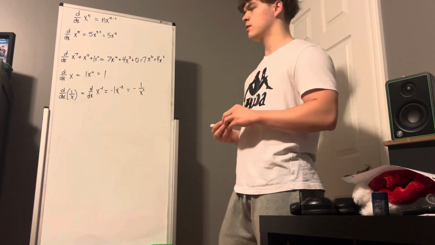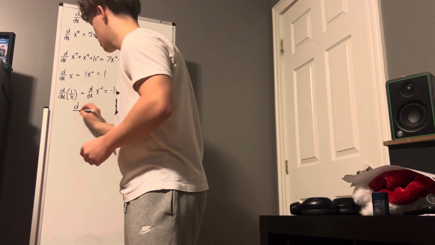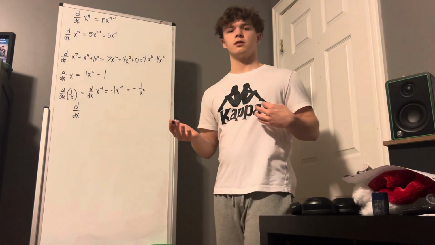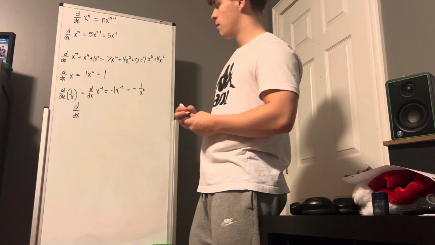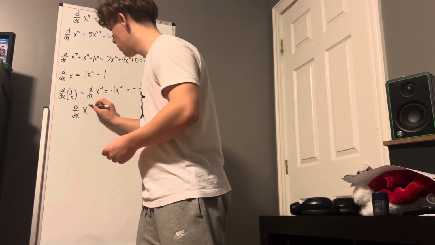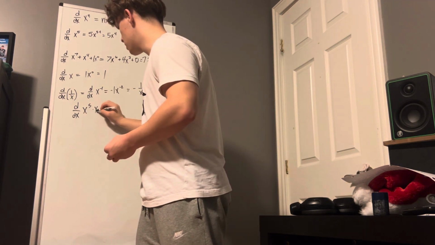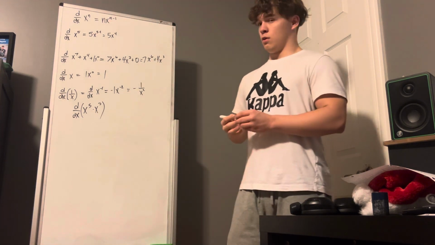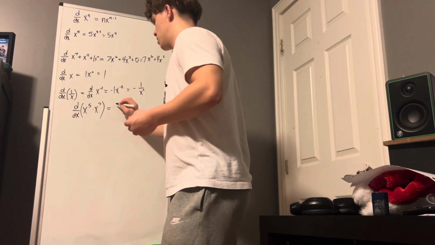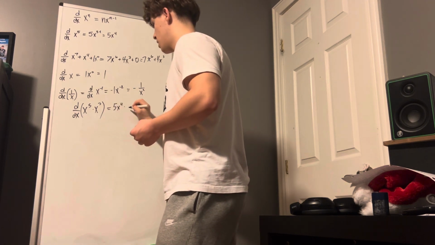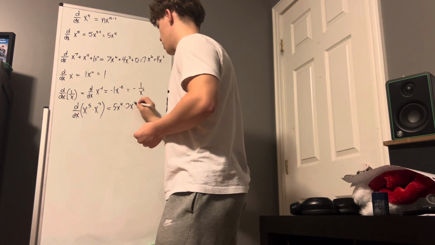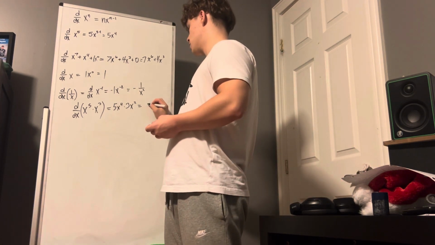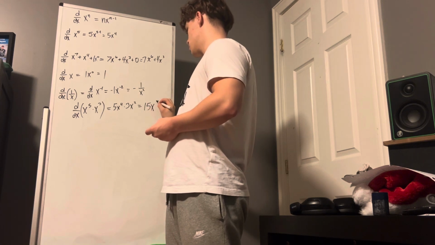Except for, I've got a little something that we're going to learn in the next video. If we had x to the 5 times x to the 3, and we're differentiating both of those, you might think that you can just do 5x to the 4 times 3x squared, but that's not actually true because it's not 15x to the 6.